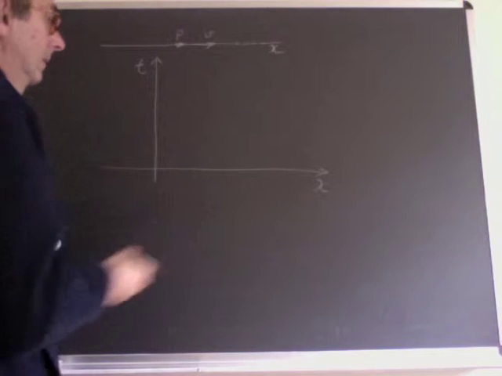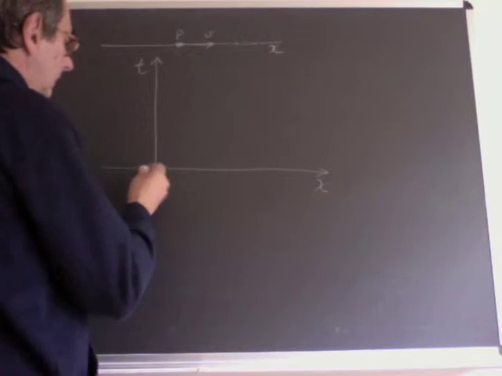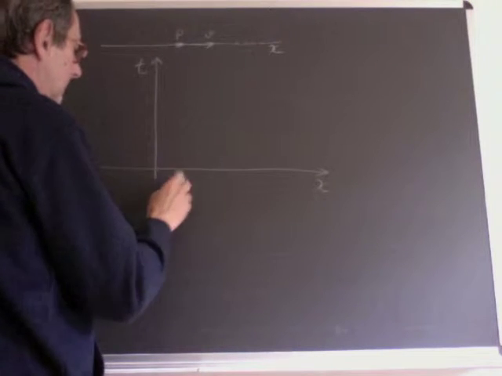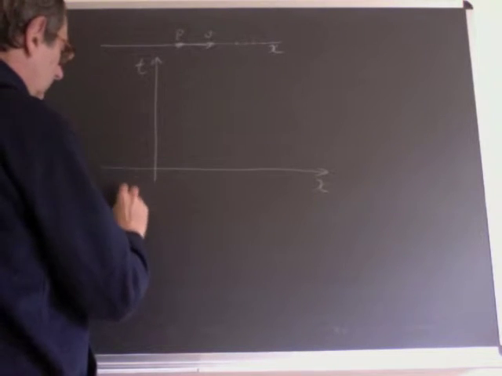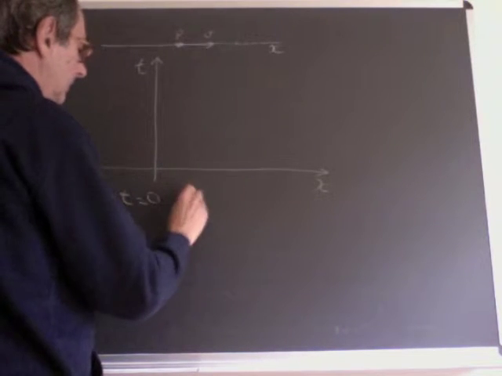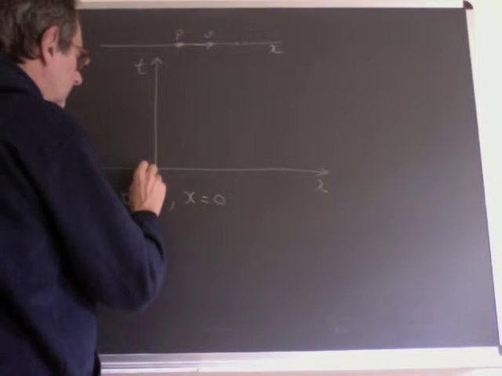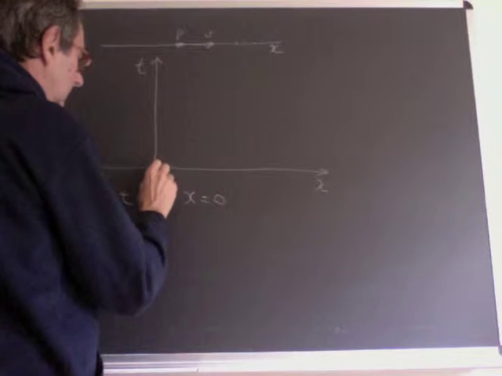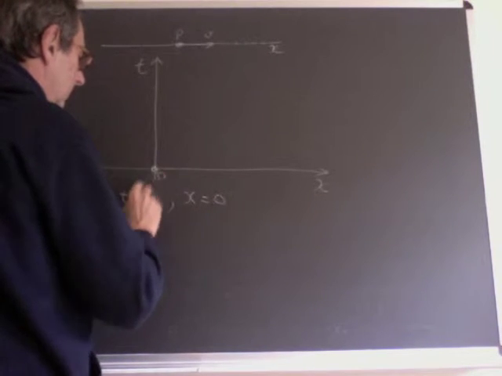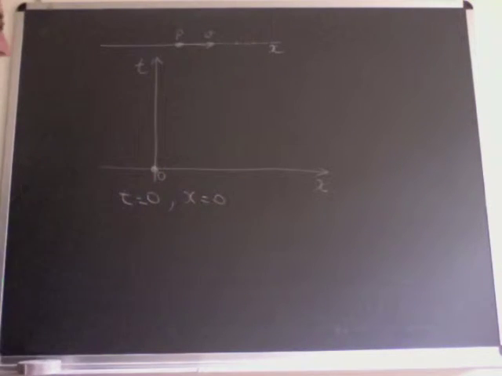In the case of the movement of the point P, we can imagine that at t equals 0, the position of the point is x equals 0. So we consider the point P starting at the origin of the axis, like this. So this is the origin, and corresponds to the initial position of the point P.